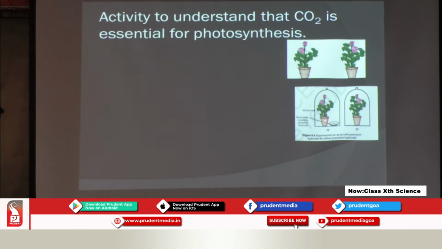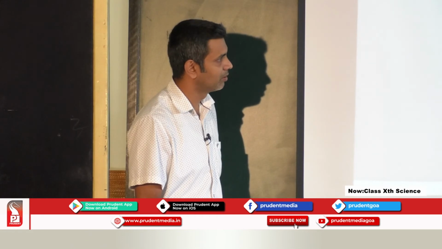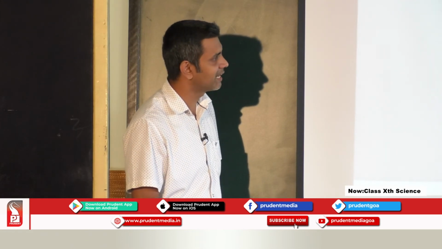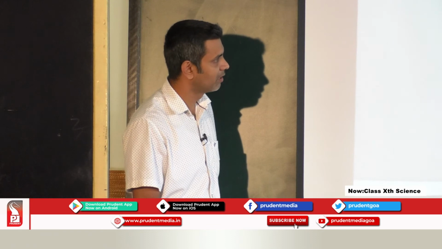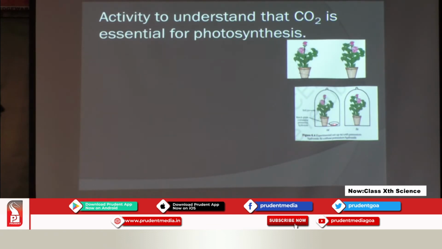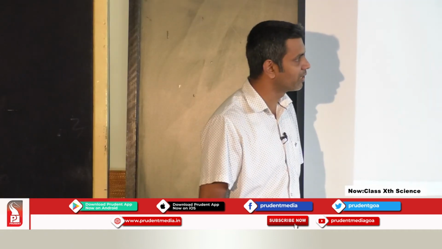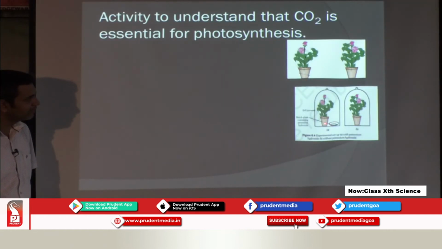At the side of one potted plant, we have to make use of a watch glass in which potassium hydroxide is present. Potassium hydroxide is an example of a base. We have to cover both the potted plants separately with the help of a bell jar.